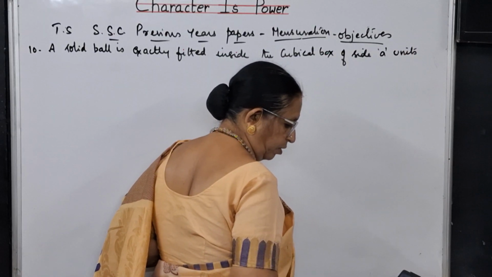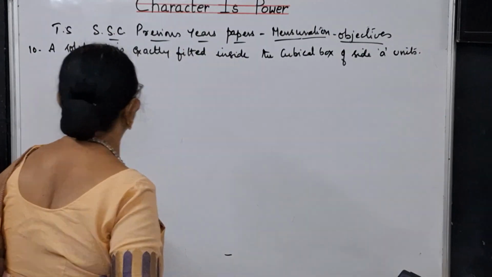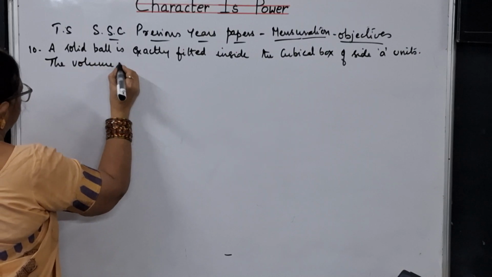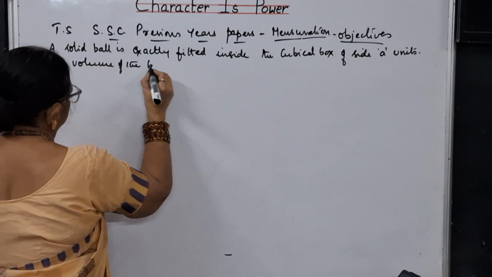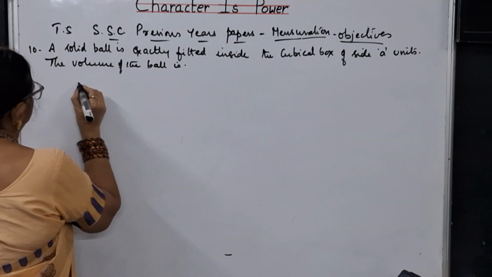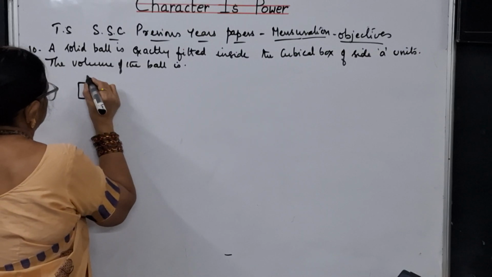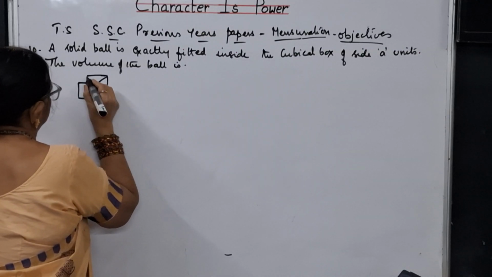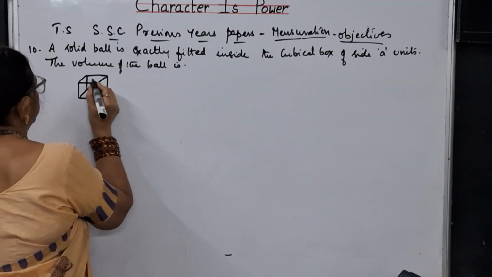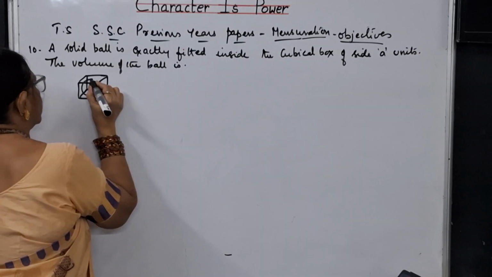The volume of the ball is dash. So there is a cubical box. This is a cubical box. Inside it, a ball is totally fixed.